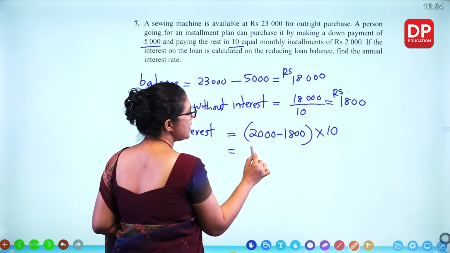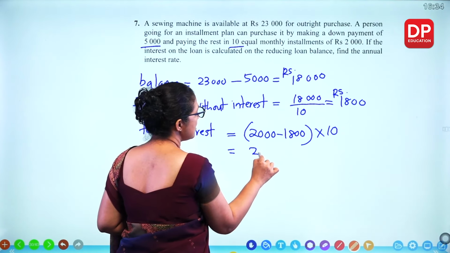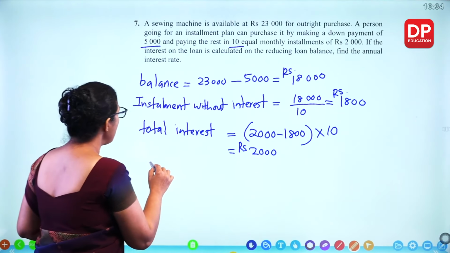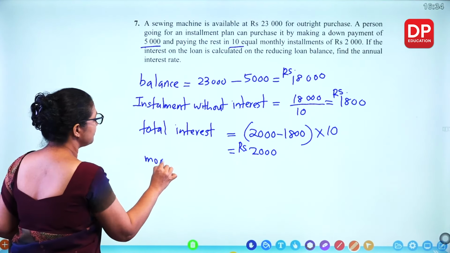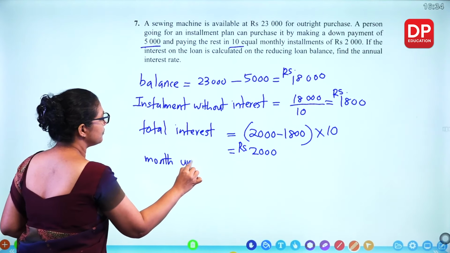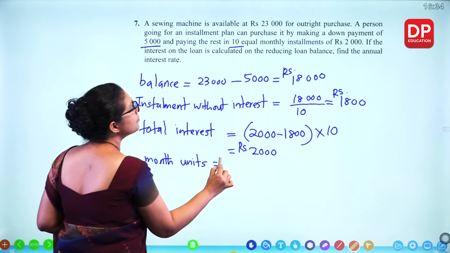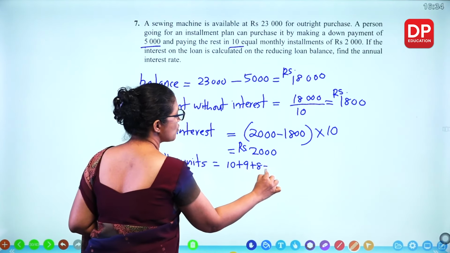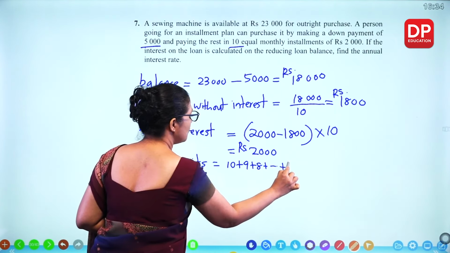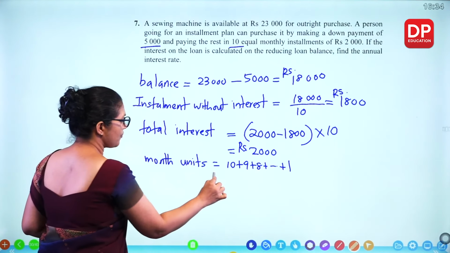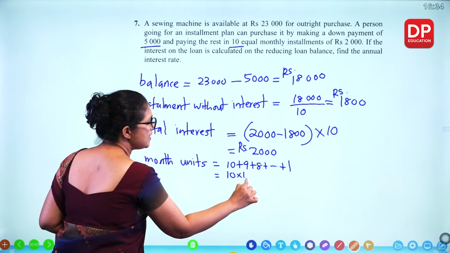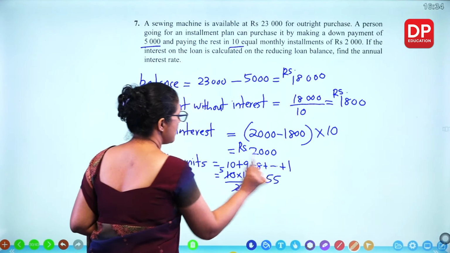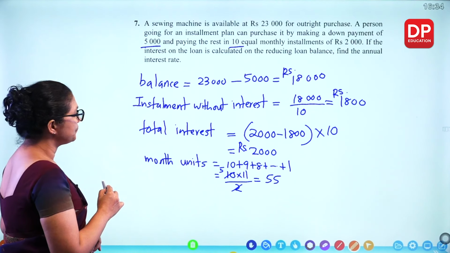So 200 times 10, 2,000 rupees. So how many month units? This is 10 equal parts, 10 plus 9 plus 8 up to 1. So 10 times 11 divided by 2.